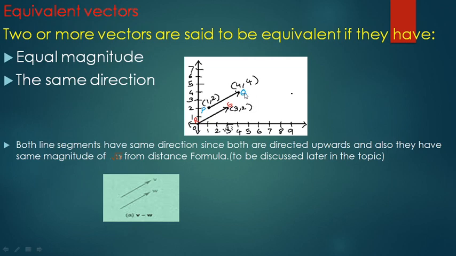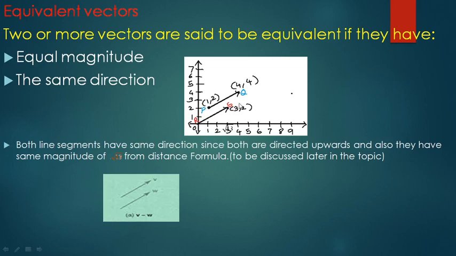Using the distance formula, you'll find the magnitude of this to be root of 13. And this RS also has a magnitude of root 13. Because 3 squared, which is 9, plus 2 squared, which is 4, 9 plus 4 is 13, the root. We are going to learn how to find a vector in column form, and from there you are able to find the magnitude.